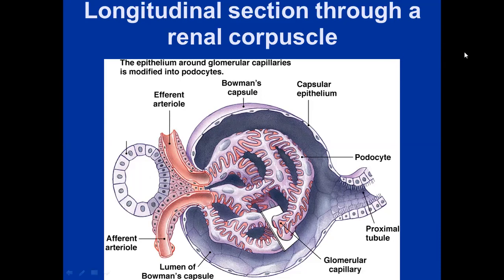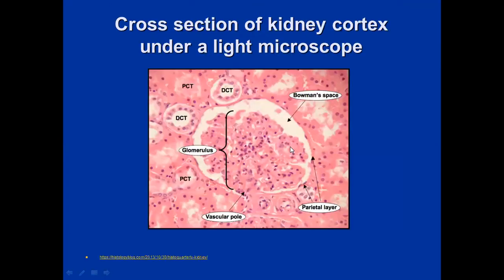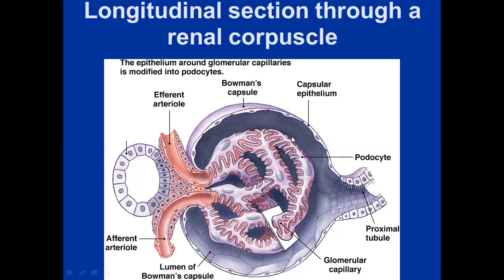You don't have to know this, but they don't lie flat; they each curve up and surround the capillary. That's not important. What is important though is the slits between the podocytes. You can see them here and here.